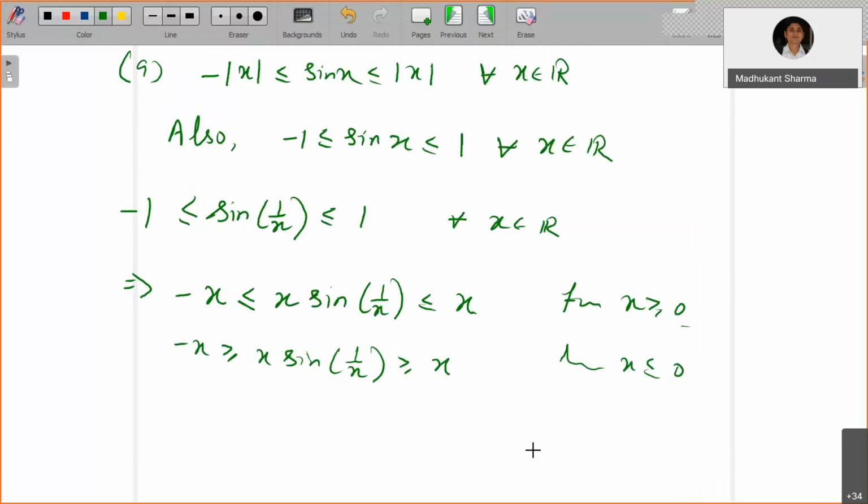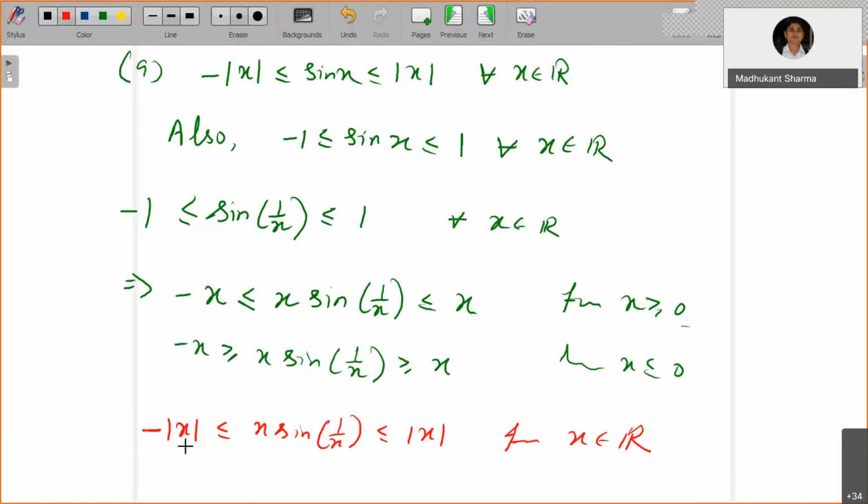Or in general, if you combine it, the meaning is minus mod x is less than or equal to x times sine of 1 by x less than or equal to mod x for x belongs to R.